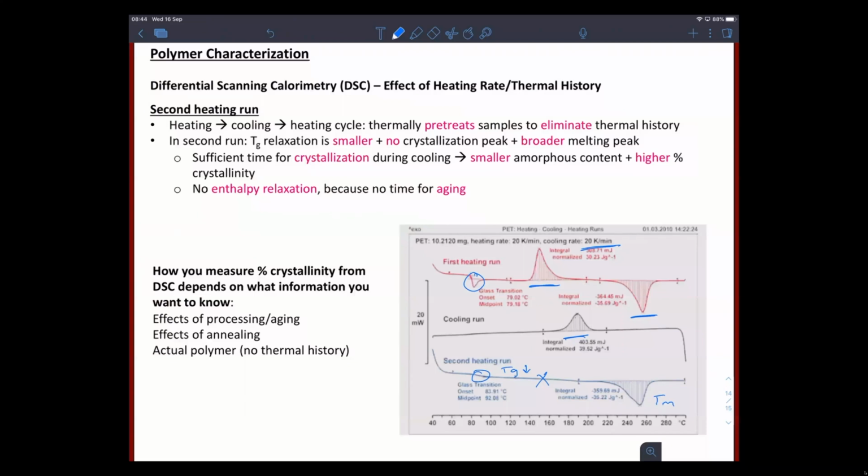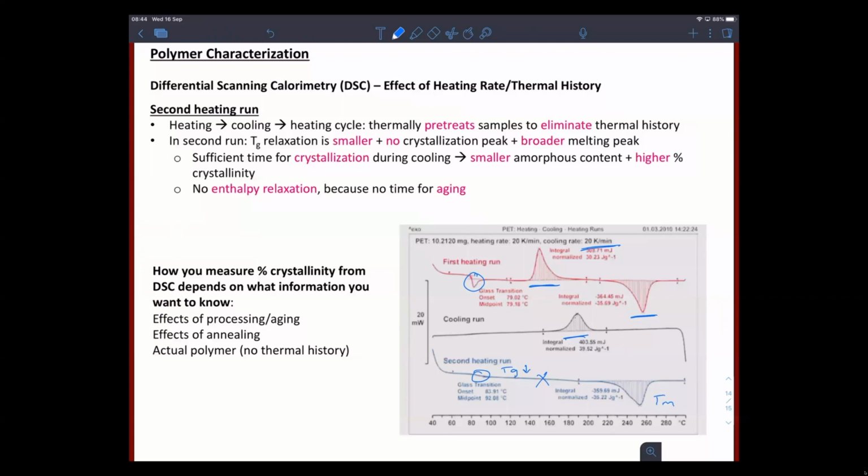The heat and cooling experiments eliminate the thermal history of a material, and they can be done to check the production process of a sample. From the measure of the different crystallinity from the DSC, you can get the effects of processing and aging, the effects of annealing, and you can measure the actual polymer itself with no thermal history, so a freshly synthesized polymer in that case.